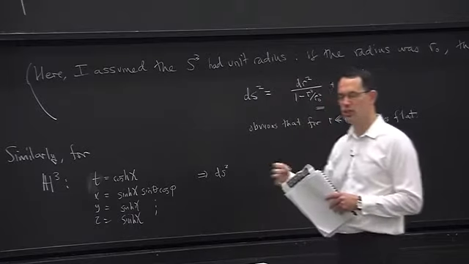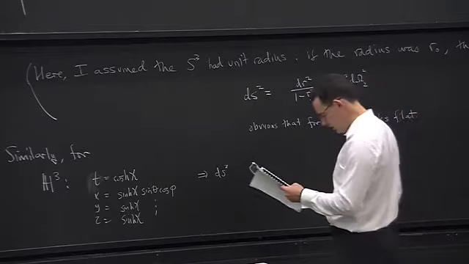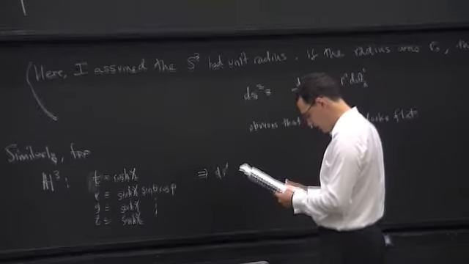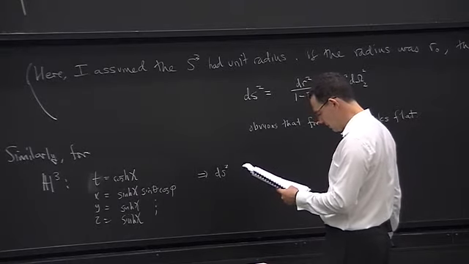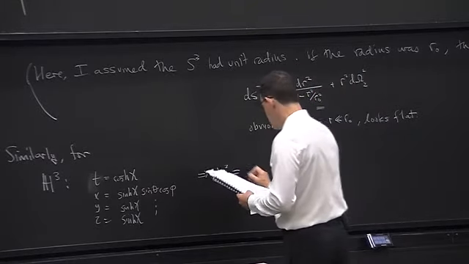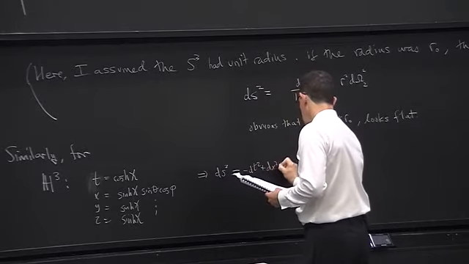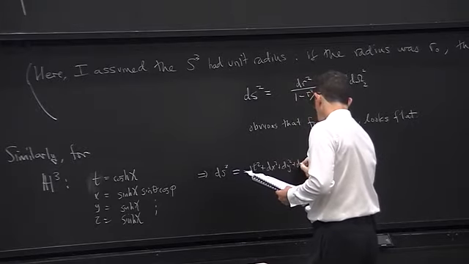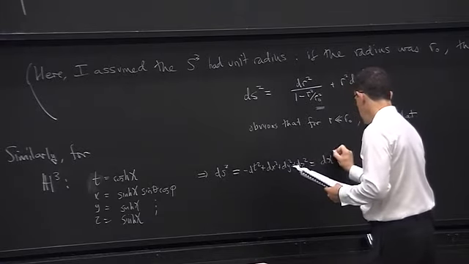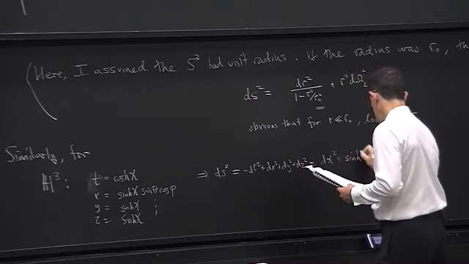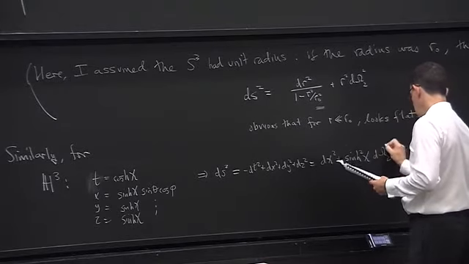This is now being induced from the Minkowski space metric, in which H3 is embedded. Taking the Minkowski space metric, which would be minus dt squared plus dx squared plus dy squared plus dz squared, we will get d chi squared plus sinh squared chi d omega 2 squared.